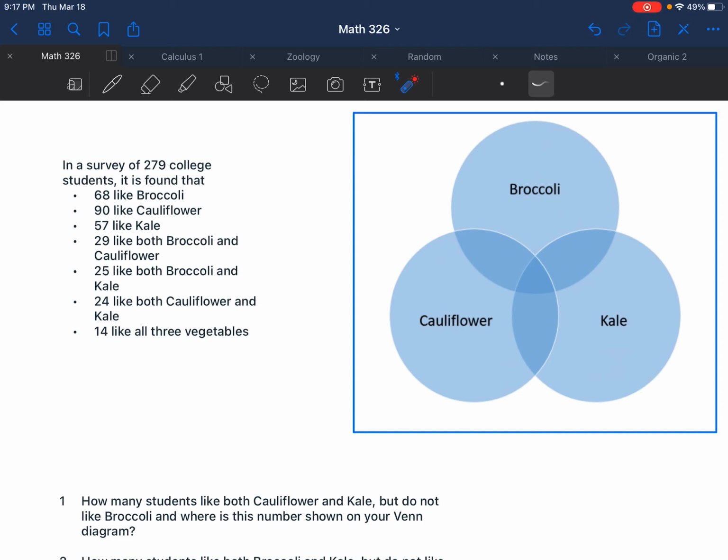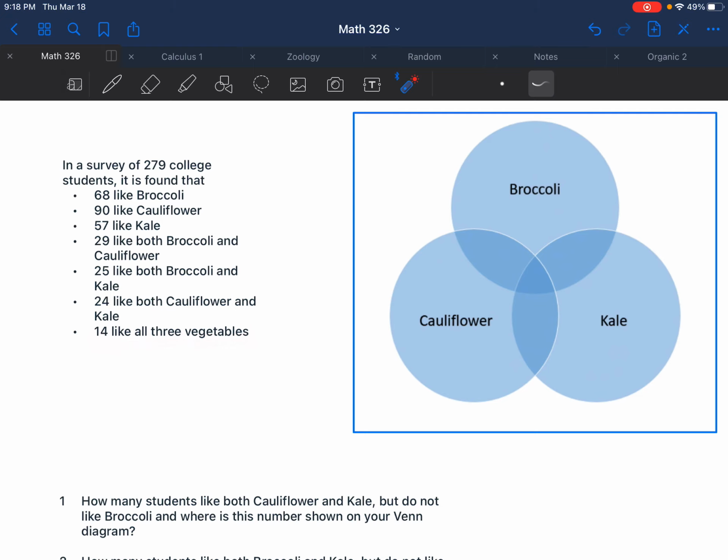So we're going to move up our list in this direction because that's how we move inside out, because this is all three, and then we move to two, and then we move to one. And then we see how many people took the survey but didn't like anything.